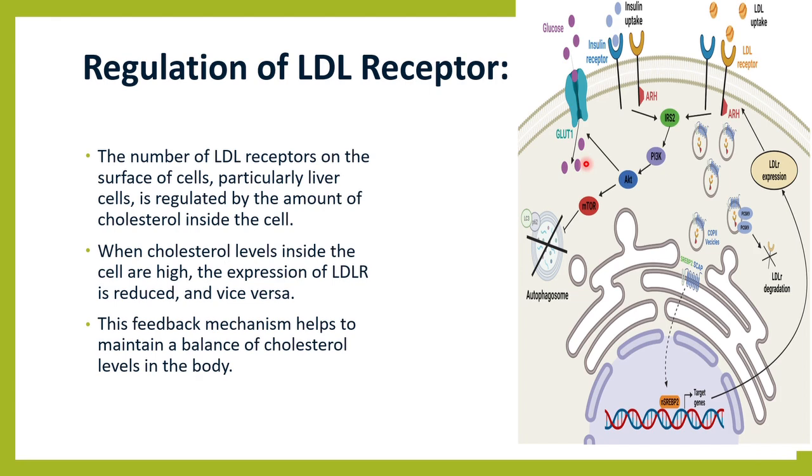The number of LDL receptors, particularly on the liver surface, is regulated by the amount of cholesterol inside the cell. When the cholesterol levels inside the cells are very high, the expression of this receptor is reduced. And when the cholesterol level is low, the expression of the receptor is increased, so that it maintains a balance.